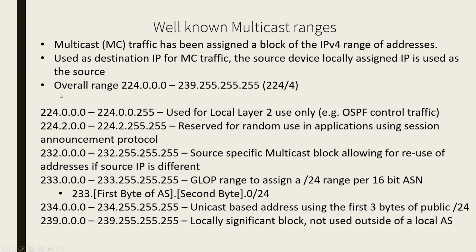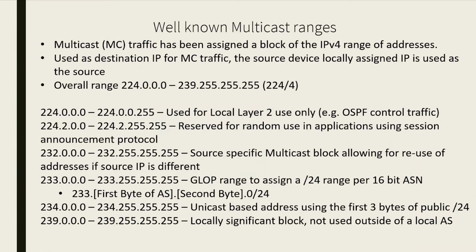And so there's a range of different ranges. I'm not going to cover all of them because we'll be here forever, but I'll give you an insight into what these are. The first one here is used for local layer 2 use, effectively, and it's mostly used for control of protocol operation. So there are a lot of well-known multicast addresses in there. There's an OSPF one, there's a PIM one, there are some EIGRP specific addresses there.